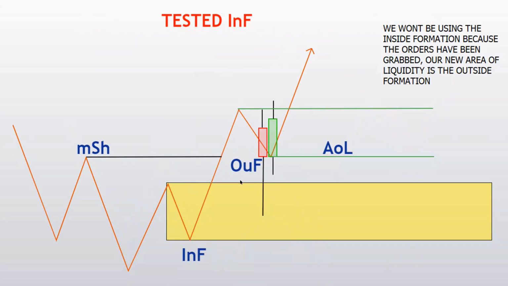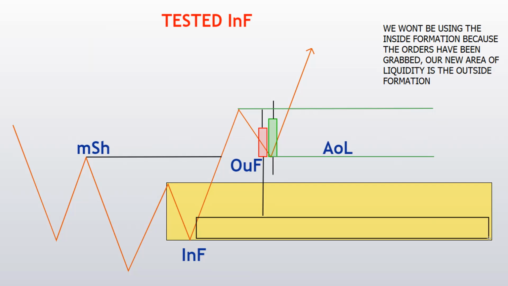So in the case of this tested inside formation, here you have to use the outside formation as your area of liquidity, but you may also use this portion left from this downward portion right here, which is unmitigated. The market may also have some chances of coming to this area right here before it continues to move up as usual.